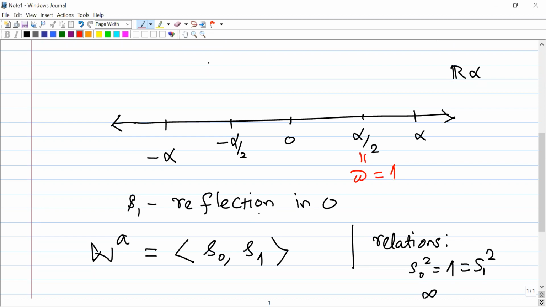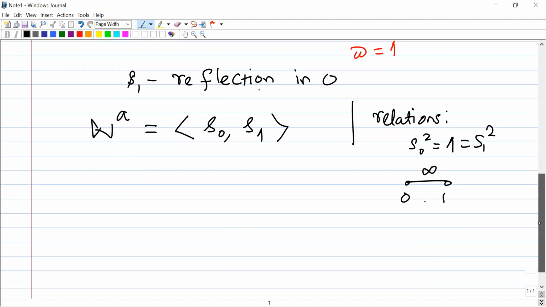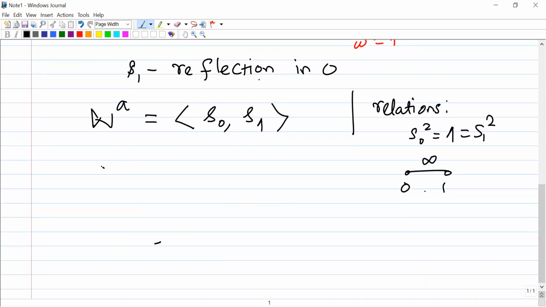So this S naught is a reflection about this 1, which is alpha by 2. Now we can work out all the details about this affine Weyl group.